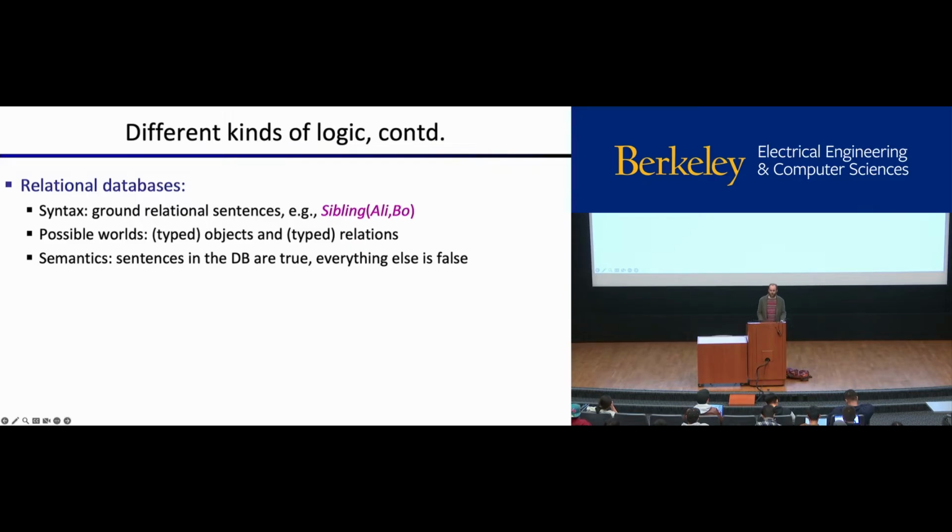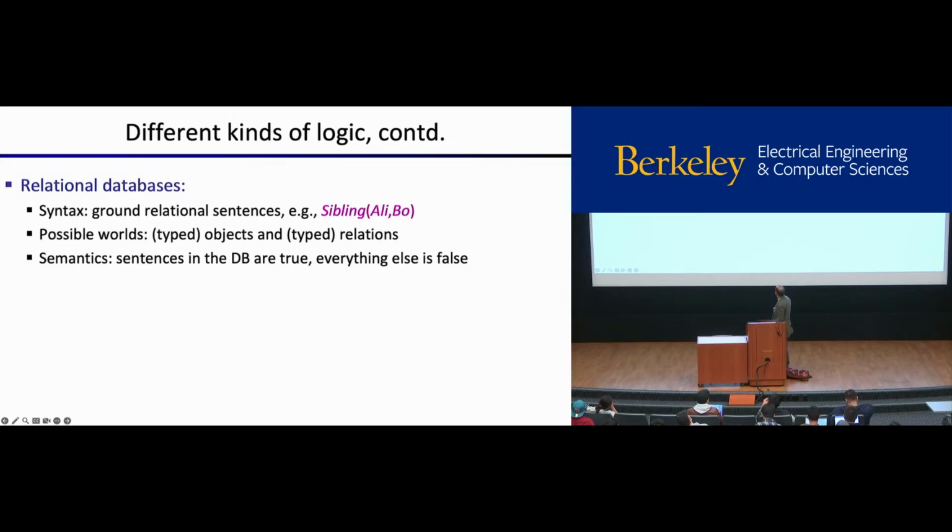Another kind of logic that you might not have thought about as a kind of logic before are relational databases. So in a relational database, you might see entries like this. Ali and Bo are siblings. So that's the basic form for a sentence. That's the syntax.